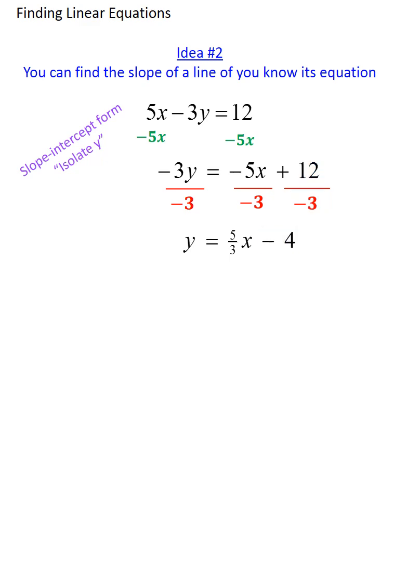The point being, now that I've isolated y, this number in front of it, the coefficient of x I should say, is the slope of the line, as you know from previous math problems. So, that completes idea number 2, the notion that if you're given the equation of a line, you can isolate y to find its slope. That will come up in the problem we're going to do next.